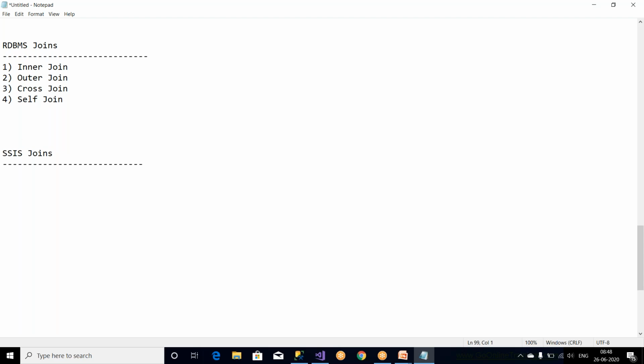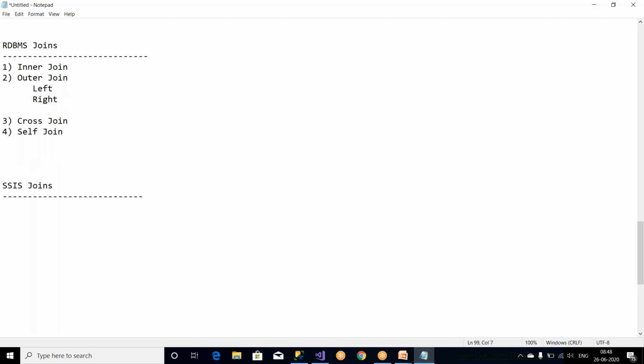Clear? These are the variety of joins we have in RDBMS. But in outer join there are 3 varieties: left join, right join, and full join. These are the 3 types of joins inside the outer join. Clear?